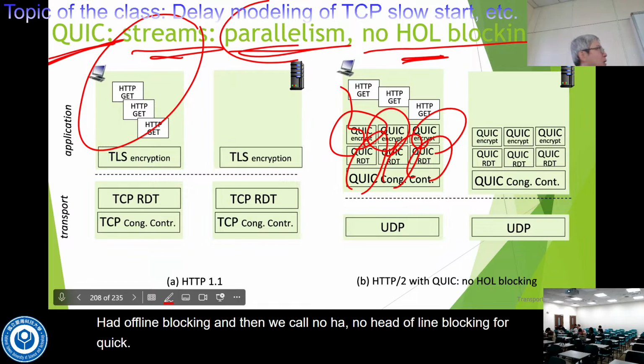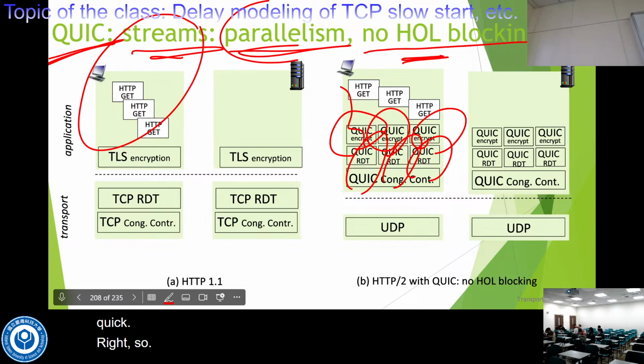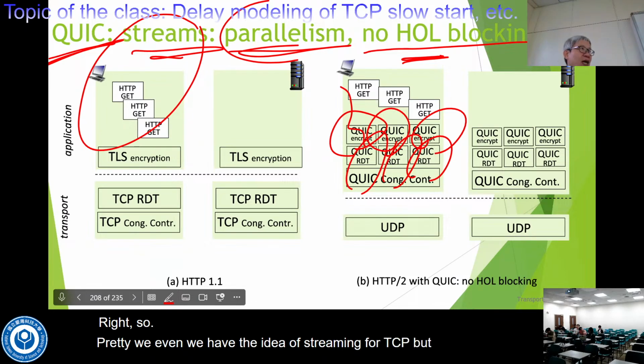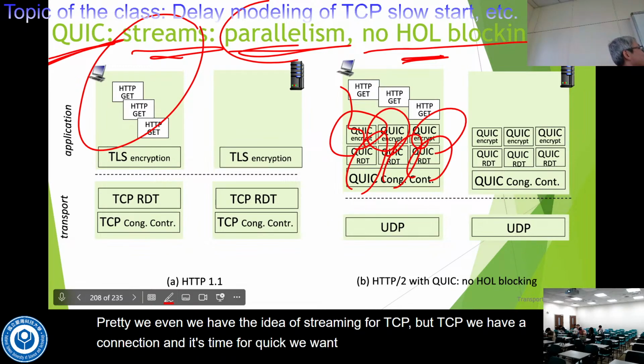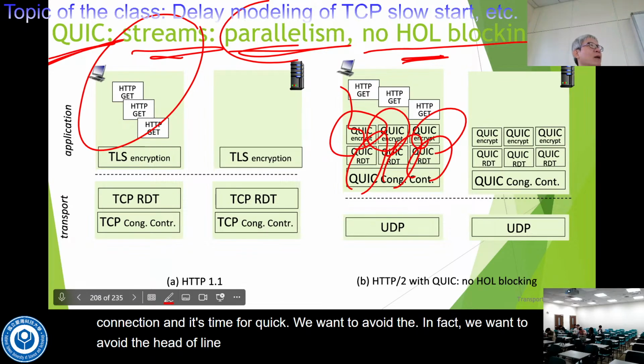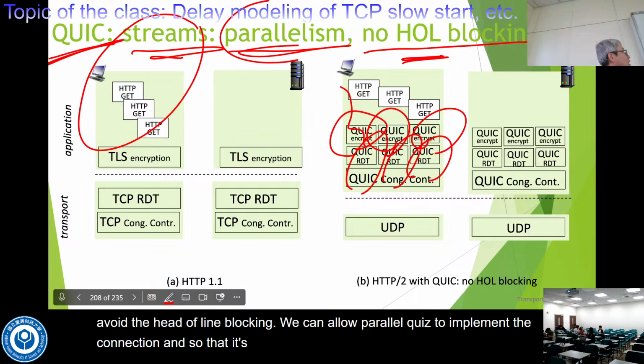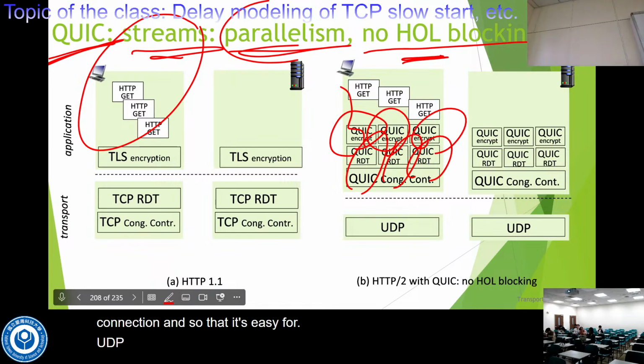Previously, even though we have the idea of streaming for TCP, TCP has one connection. And this time for QUIC, we want to avoid head-of-line blocking. We can allow parallel QUIC streams to implement the connection, and so it's easy for UDP and QUIC to avoid head-of-line blocking.